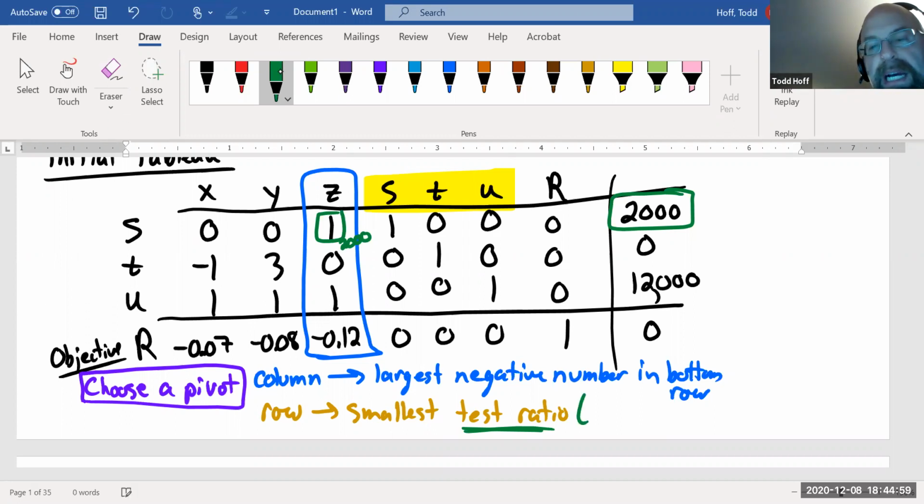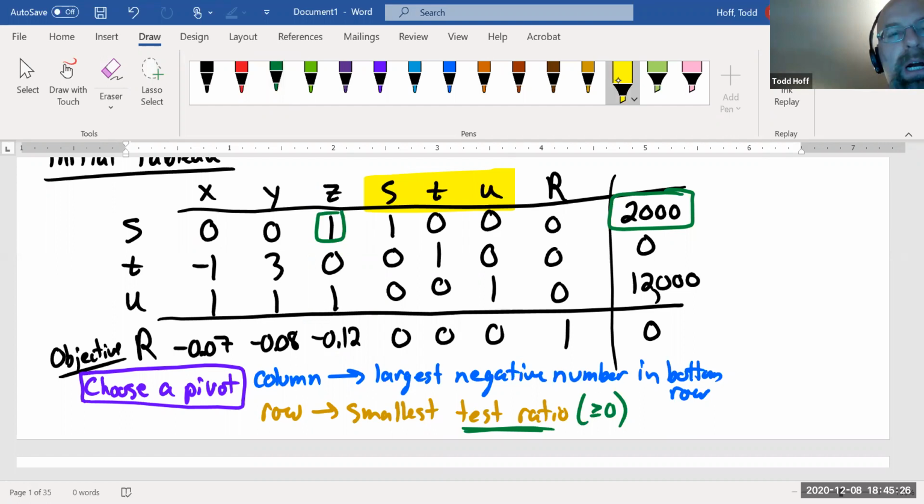And I should say this test ratio has to be a non-negative number, so greater than or equal to 0. But that one's not possible because we can't divide by 0. The next one, 12,000 divided by 1 is 12,000. So the smallest test ratio there is obviously the 2,000 up here. So our pivot is going to be the 1.